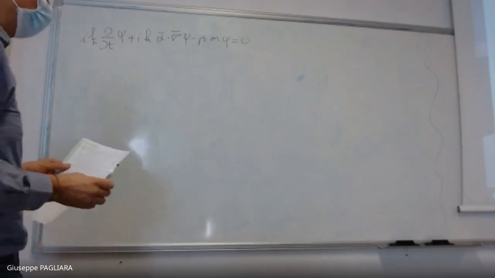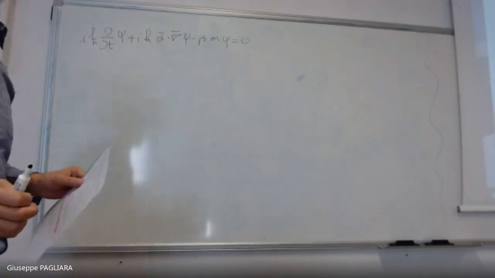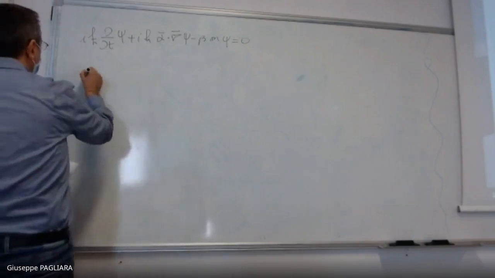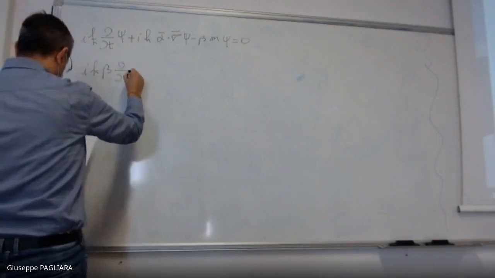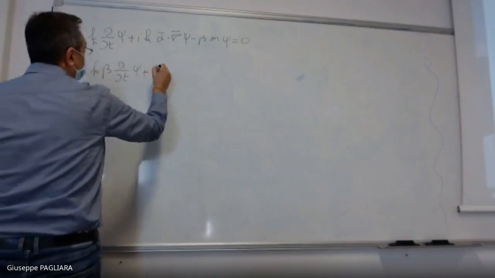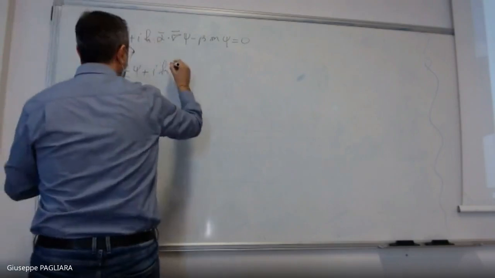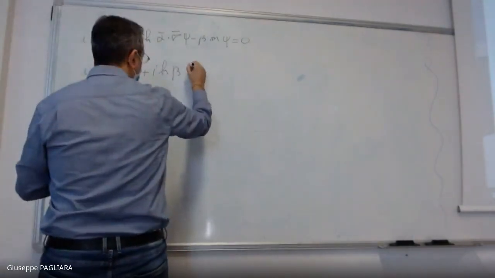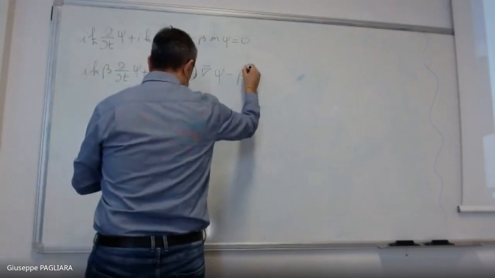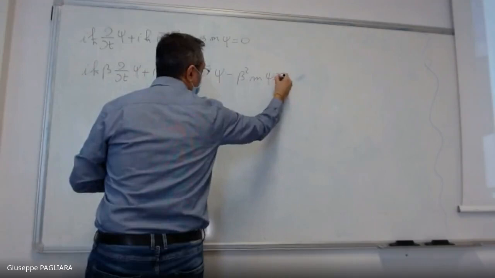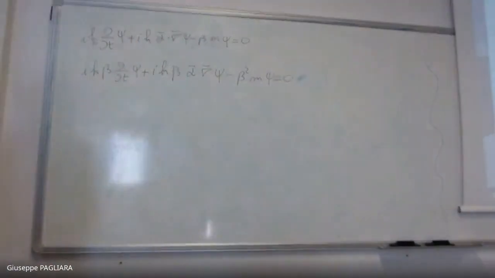Now we multiply on the left by the beta matrix. What we get is i h bar beta partial t psi plus i h bar beta alpha dot nabla psi minus beta squared m psi equals 0.